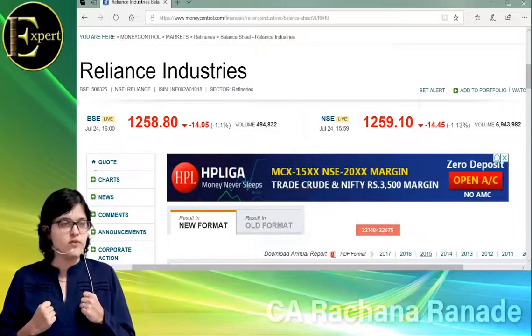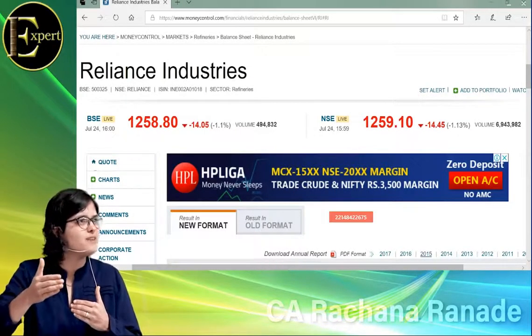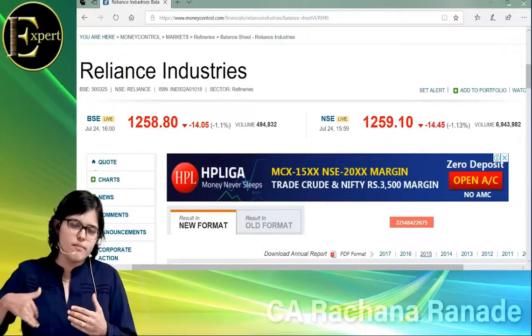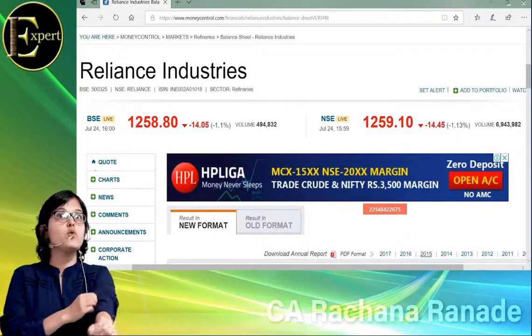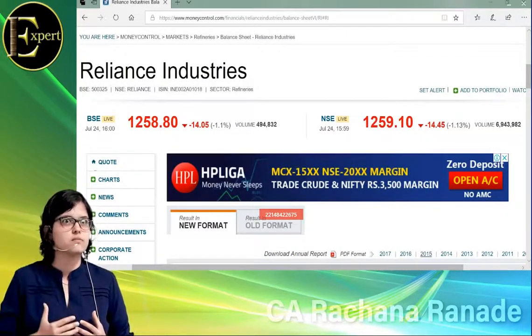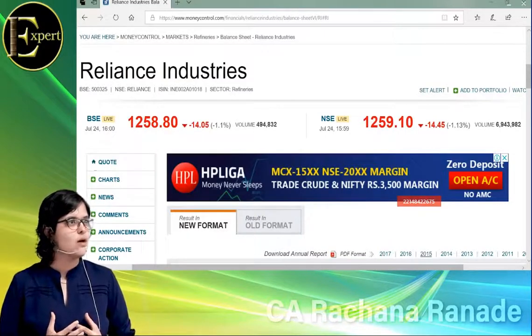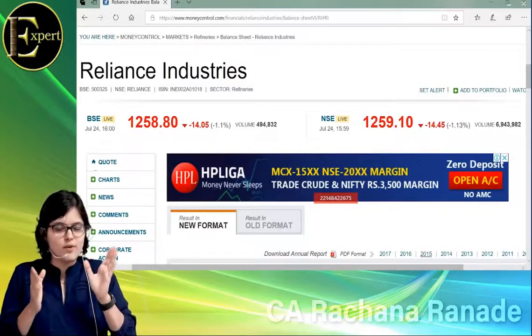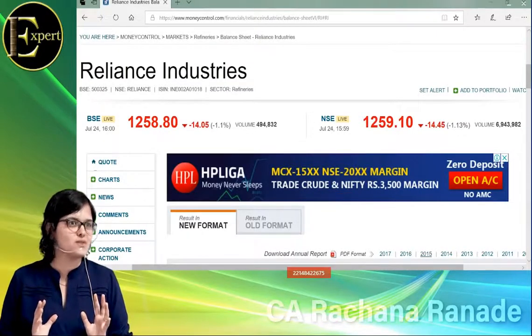See, whenever we are trying to calculate the future value, it's entirely based on what? Assumptions. And there are many valuation models in which we'll have to make assumptions about what their sales will be for the next 3 years. We are no one to check what their sales will be for the next 3 years. It will be very difficult to calculate realistic figures.